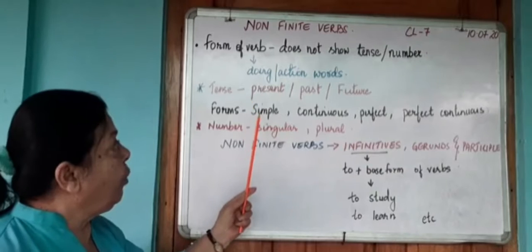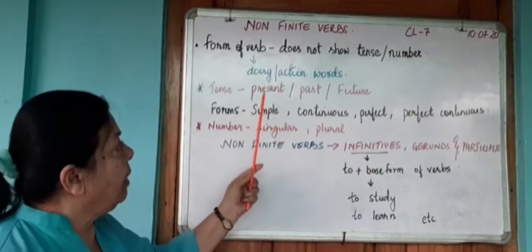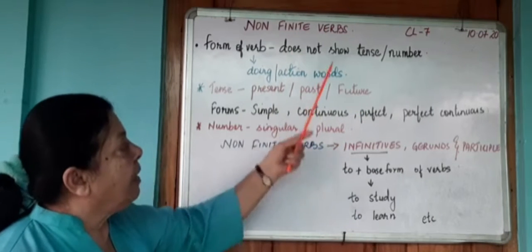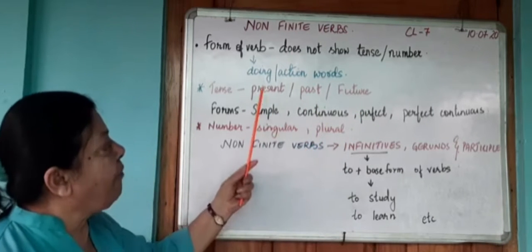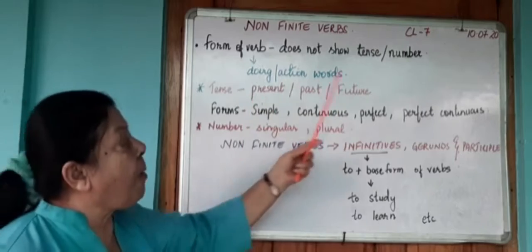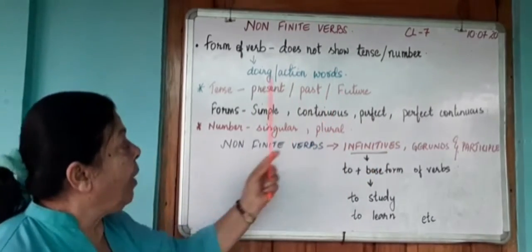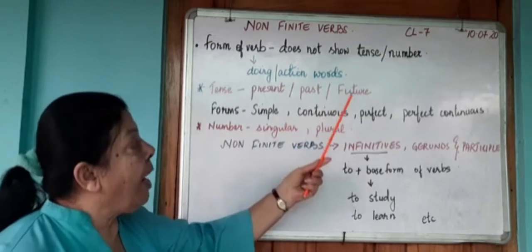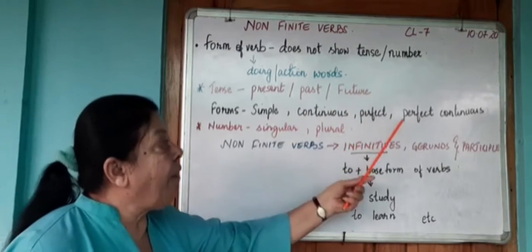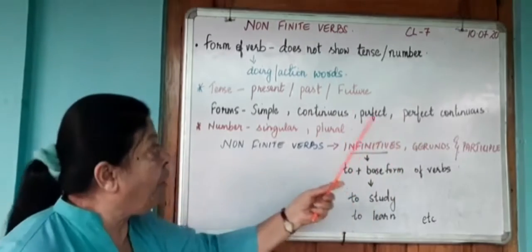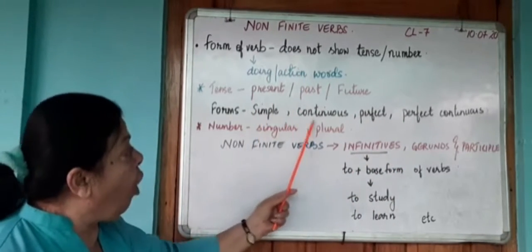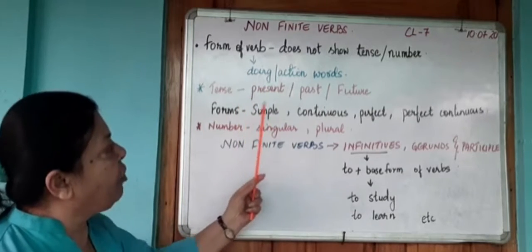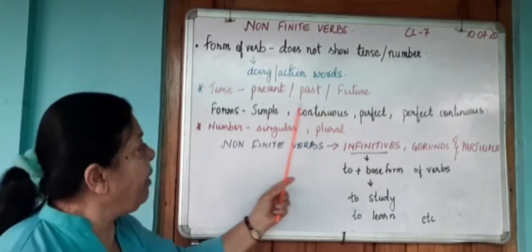That means you have the simple present, the present continuous, the present perfect, the present perfect continuous, the simple future, the future continuous, the future perfect, the future perfect continuous. Therefore, four forms into 3 tenses. One verb can be changed into 12 different forms.